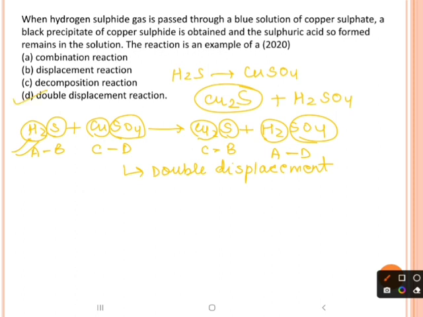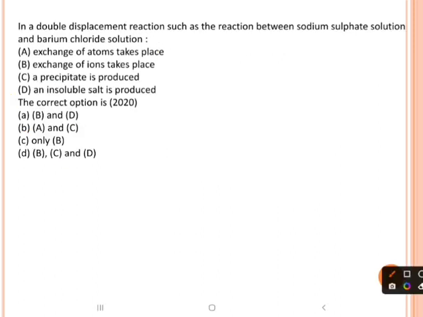Let us see the next question. The next question says that in a double displacement reaction, such as the reaction between sodium sulfate, what is the formula? This. And barium chloride, what is the formula? This. The reaction between these two things takes place. Now what happens as a result?